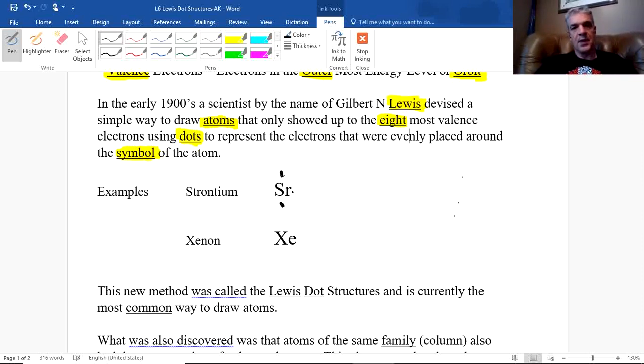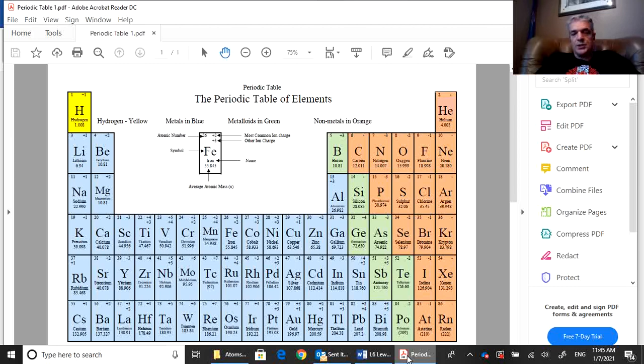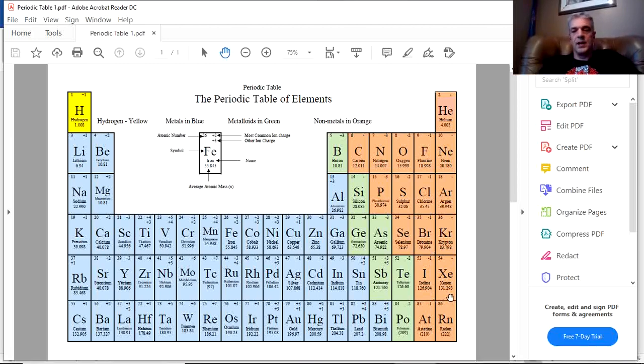Okay, so if I go to xenon, xenon's another one that's crazy, like nuts. Let's go to the periodic table. Where's xenon? Xenon is way over here, okay? I know where these guys are because I picked them, so I'm on top of it. Well, xenon is at the end. He's full, completely 100% full.